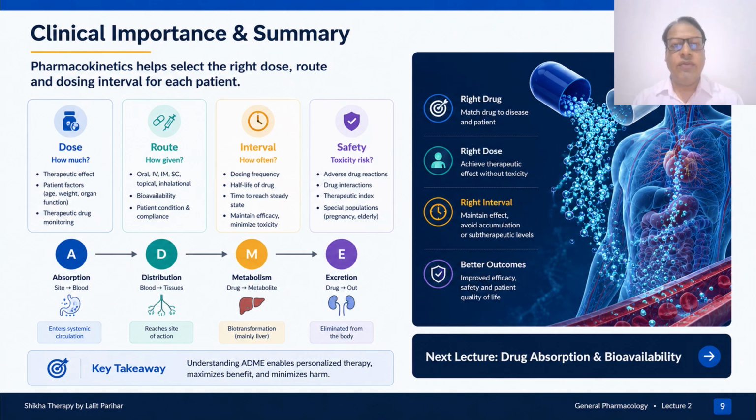In this introduction to pharmacokinetics and ADME, we learned how a drug is absorbed, distributed, metabolized, and finally excreted from the body. So understanding pharmacokinetics helps us use medicine safely, effectively, and rationally for better patient care. In the next lecture, we will discuss drug absorption and bioavailability in more detail.